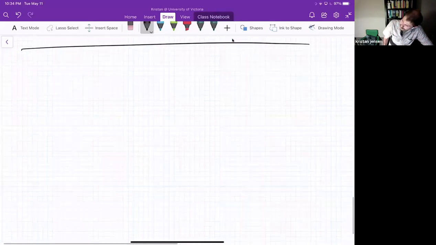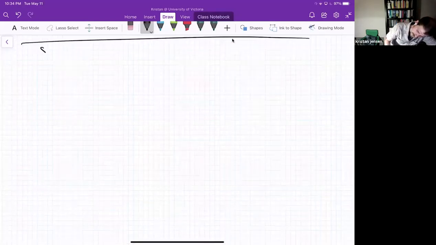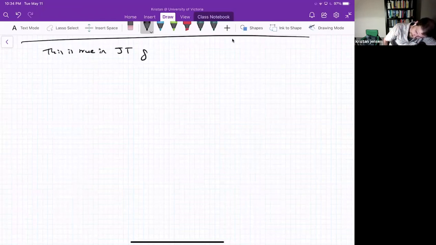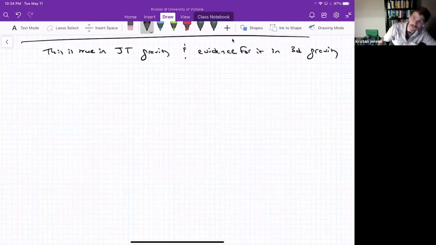So what was known before? Well, this claim that I said there about the level statistics being related to microstates, to wormholes, is true in JT gravity, and there's evidence for it in 3-dimensional gravity, pure 3D gravity with cosmological constant.